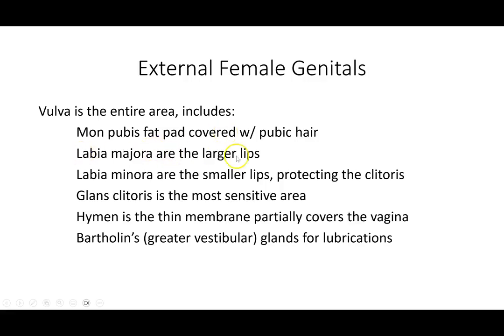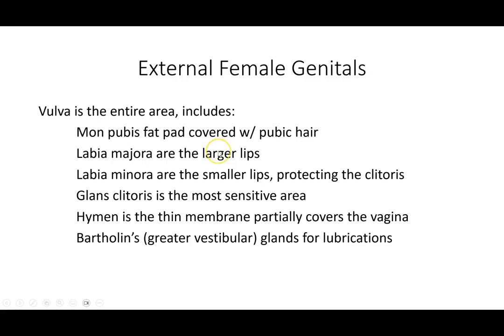The labia majora are typically seen as the larger lips. Labia minora is seen as the smaller ones that will enclose the clitoris. But that's not always true, that the labia majora are larger and the labia minora are smaller. I prefer to see it as the labia majora are usually a bit more fatty tissue in them for cushioning.